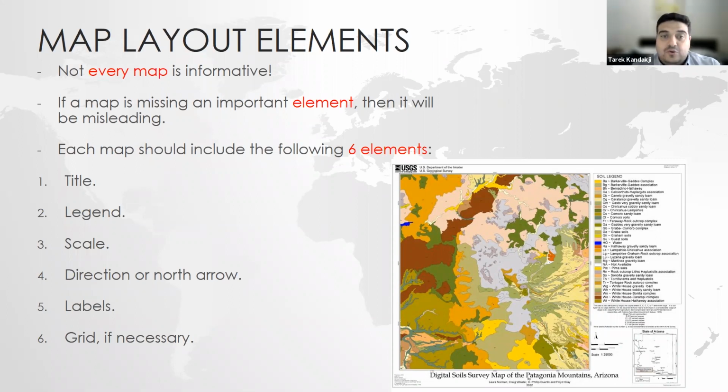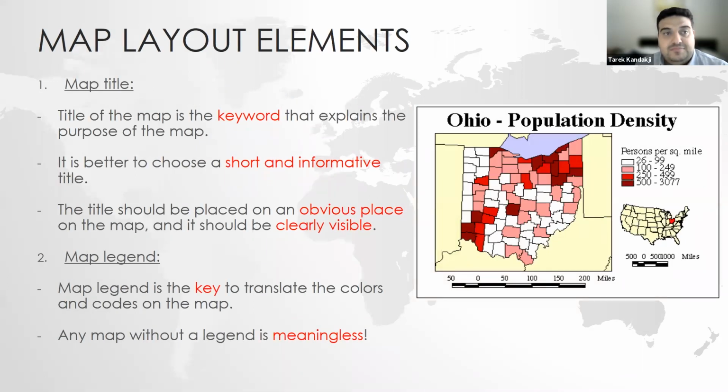But those 6 elements are mostly common, and I advise everyone who's making a map to include all these elements, which are the title of the map, the legend, the scale, the direction or the north arrow, like the orientation of the map, the labels, and grids if necessary. And we're going to talk in more detail about these elements.